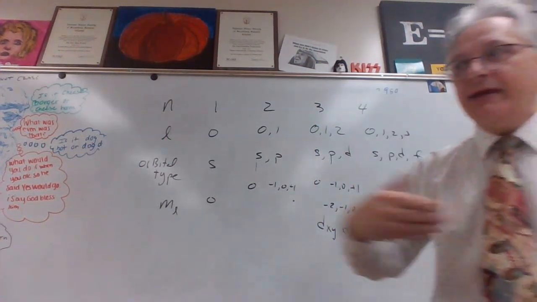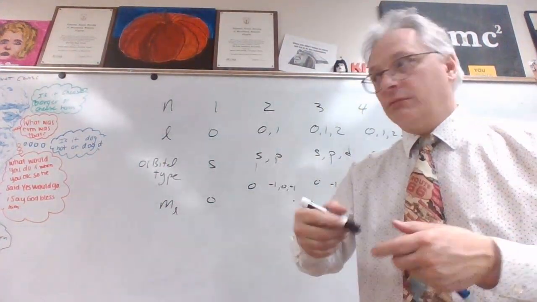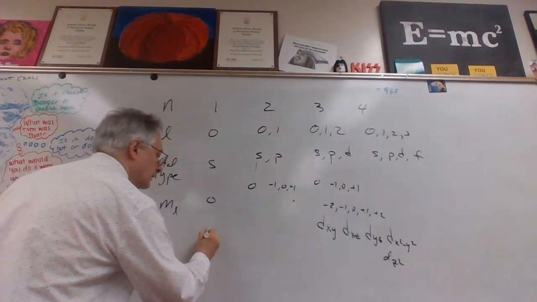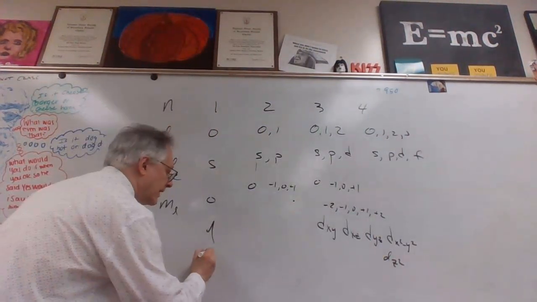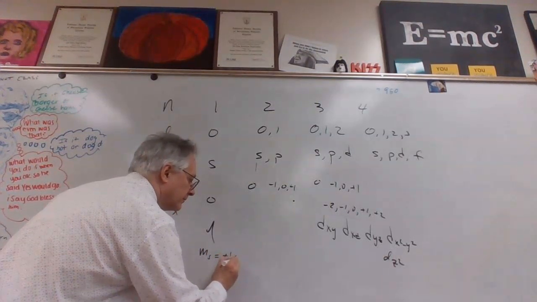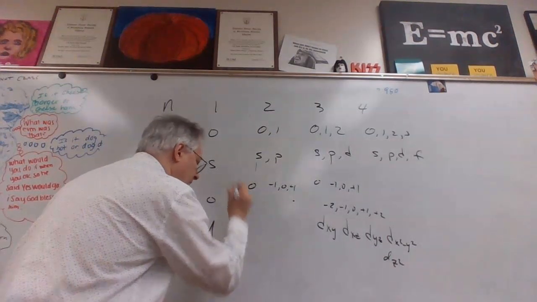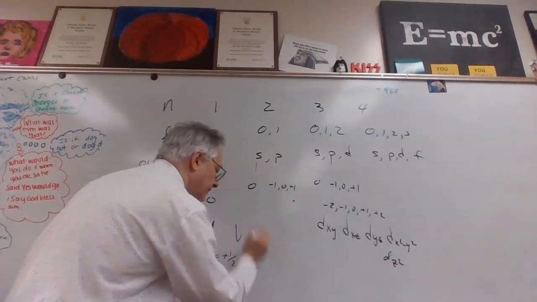Because we give spin on electrons a value, if they're spinning up, pointing up like that, we call that m sub s equal to plus 1/2. That's just the number associated with that spin. And if it's spinning down, we call that minus 1/2.